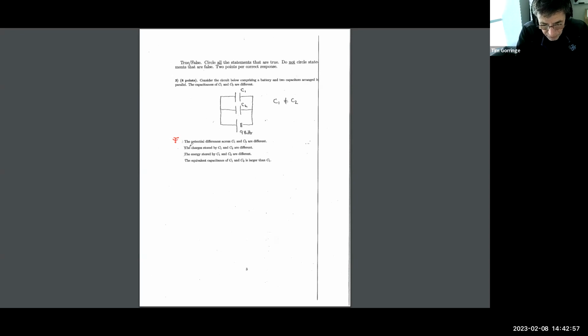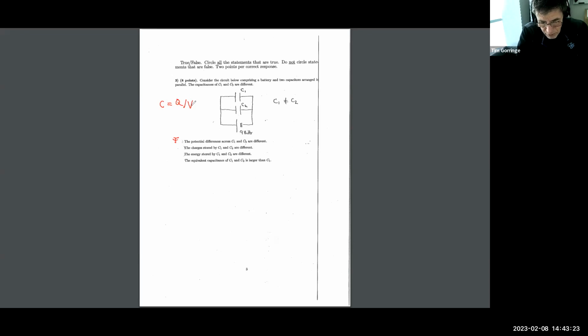Second statement is the charges stored on C1 and C2 are different. Well, an equation we might want to start thinking about was our master equation for capacitance. Our definition of capacitance is the charge divided by the voltage. Now, in this particular case, we know that the two capacitances are different.